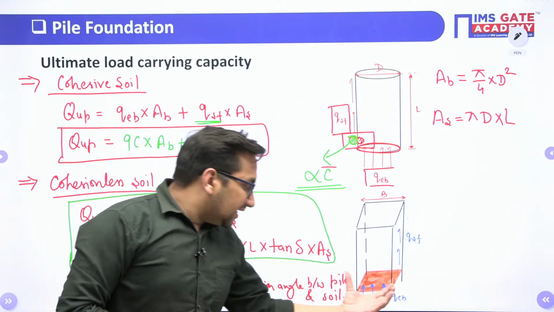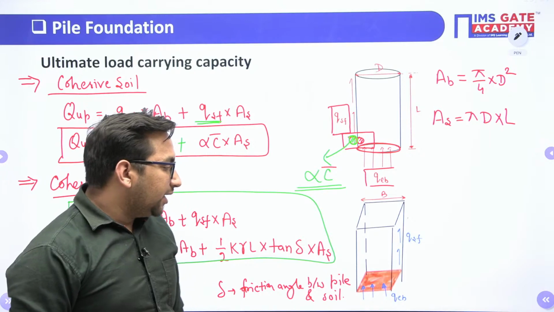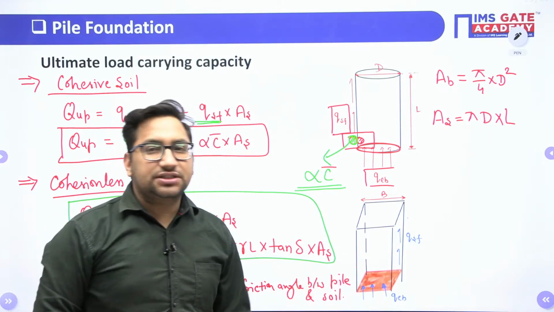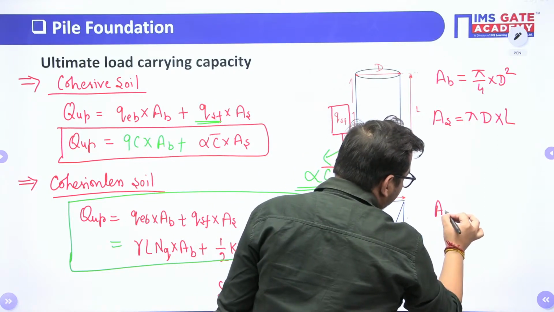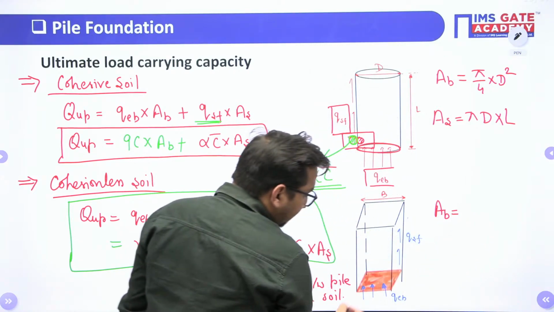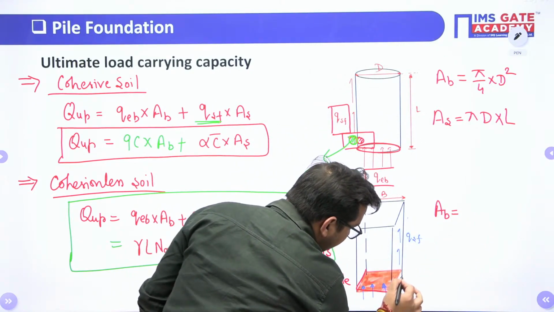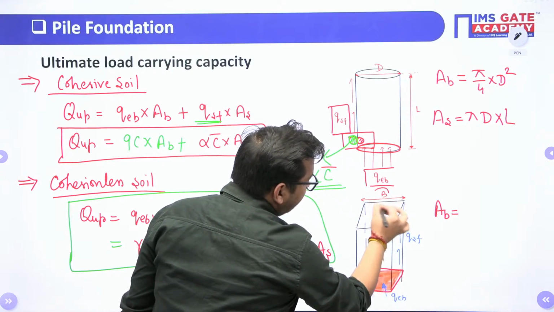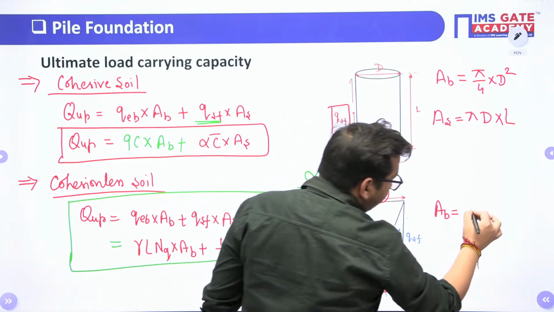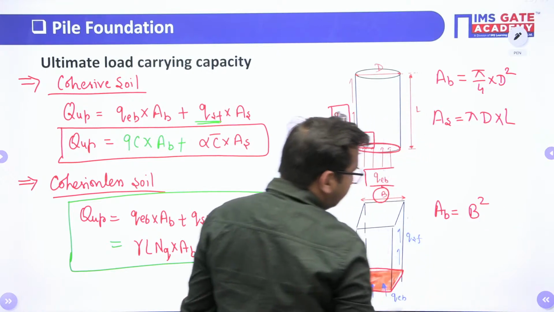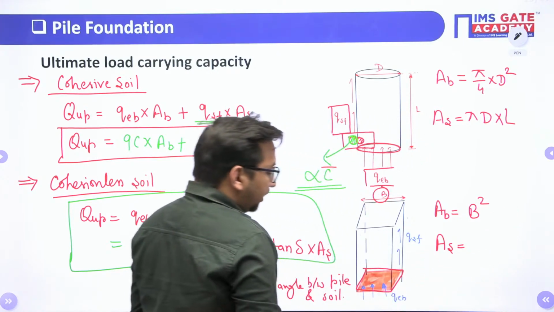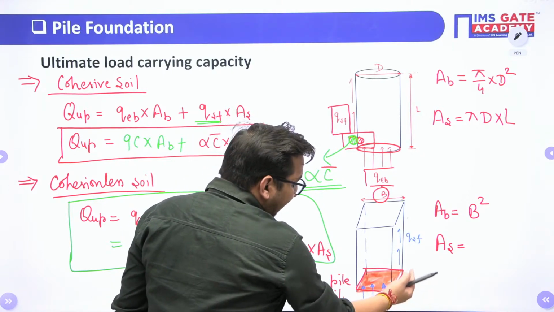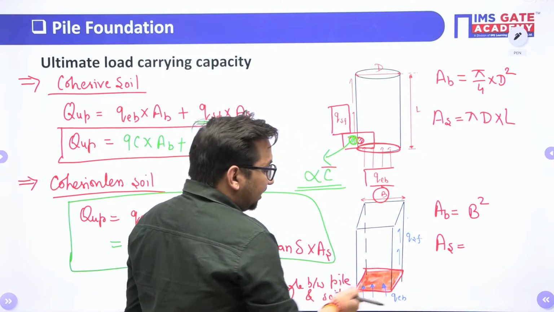Whereas if a square pile, or a pile with a square base, is given to me, how to calculate? Area at base will be the area of this square. If this dimension is b, it will be b into b, that is b square, and area at sides will be the perimeter multiplied by the length.